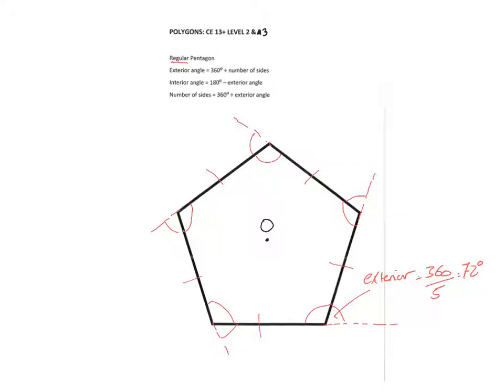And now that we know that each exterior angle is 72 degrees, given that they're angles on a straight line, we know that each interior angle is 108 degrees.